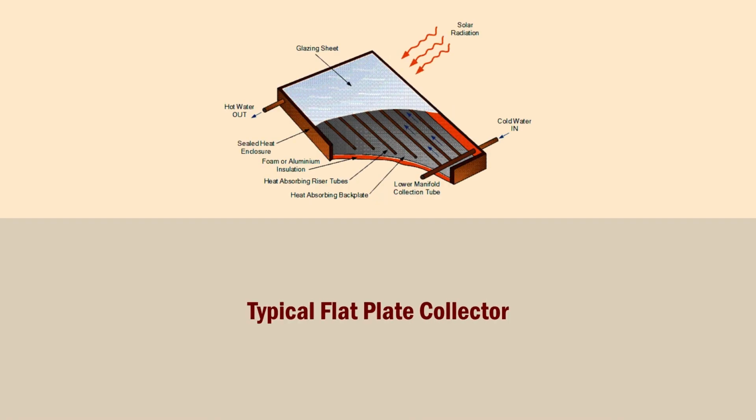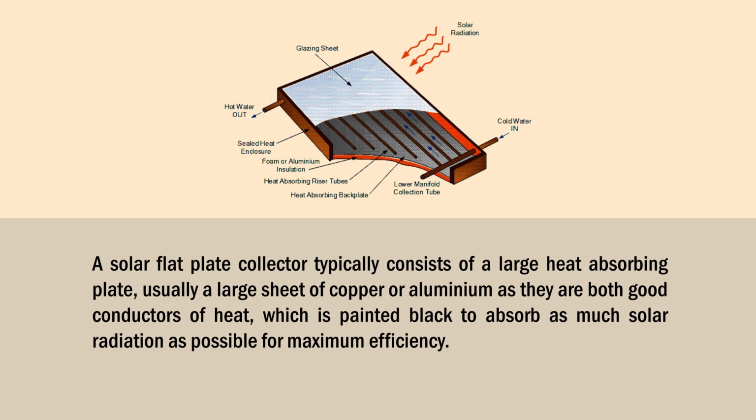Now we will discuss the typical flat plate collector. Here you can see in the diagram, a solar plate collector typically consists of a large heat absorbing plate, usually a large sheet of copper or aluminum, as they are both good conductors of heat, which is painted black to absorb as much solar radiation as possible for maximum efficiency. The blackened heat absorbing surface has several parallel copper pipes or tubes called risers running lengthways across the plate, which contain the heat transfer fluid, typically water.